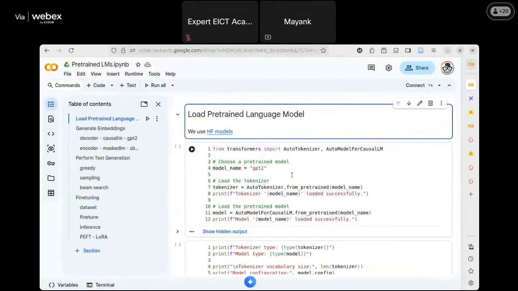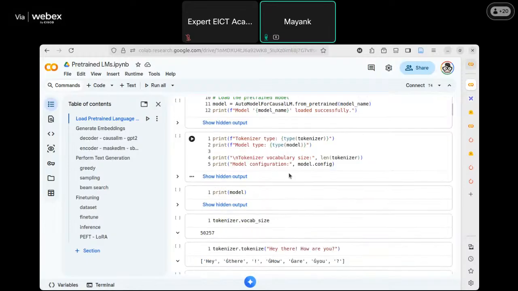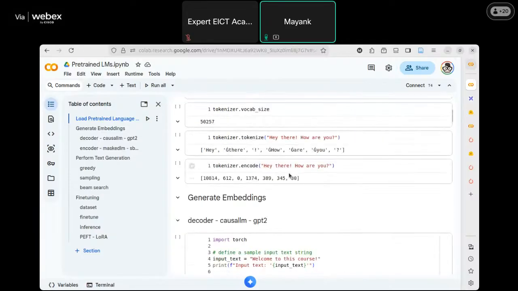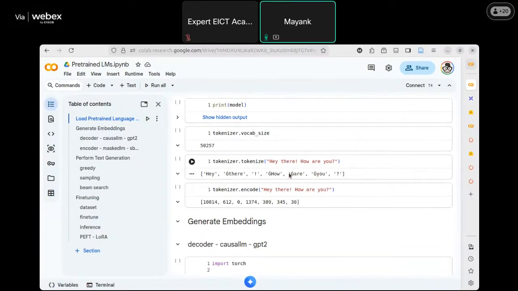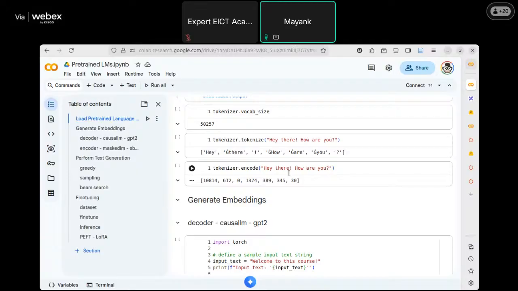Okay. So yesterday we had seen how we can load a pre-trained model from Hugging Face, and using the pre-trained model we loaded a GPT-2 model, and we saw its architecture.